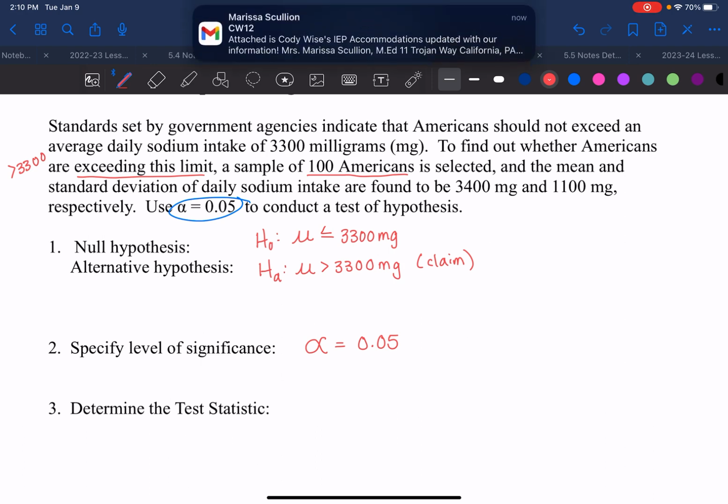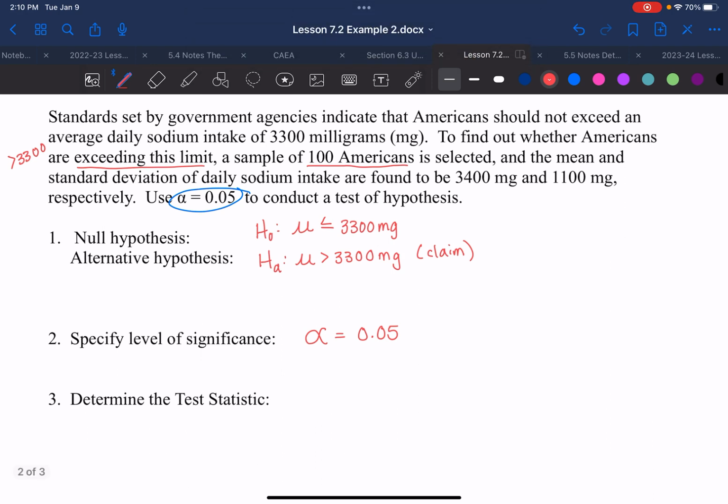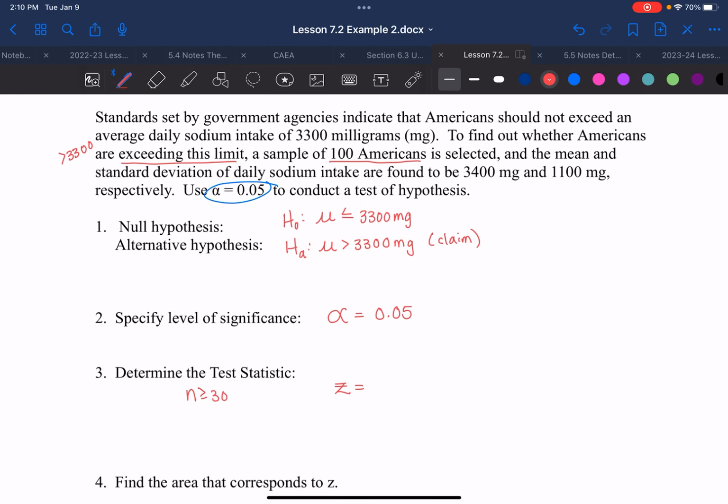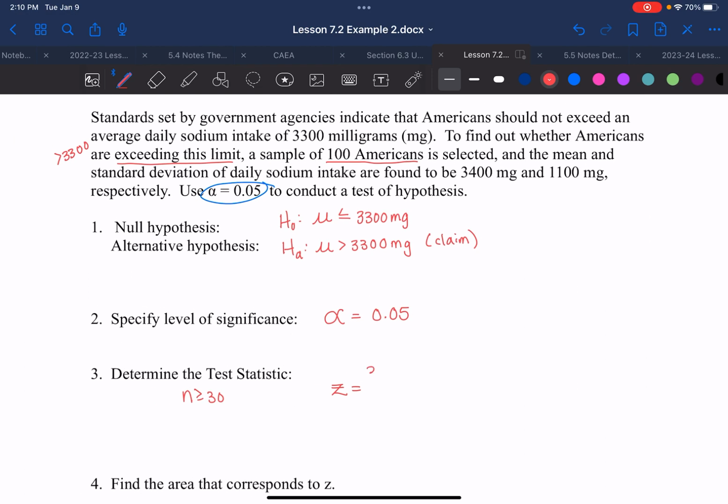Now, to determine our test statistic, since our sample size is greater than 30, we are going to use a standard z-score test. I'll look at my sample, and my sample said that the mean sodium intake was 3,400 milligrams, minus my hypothesized mean, divided by my standard deviation over the square root of my sample size.